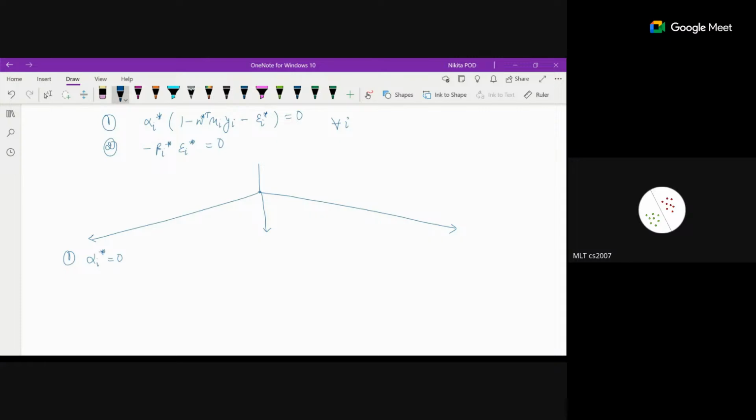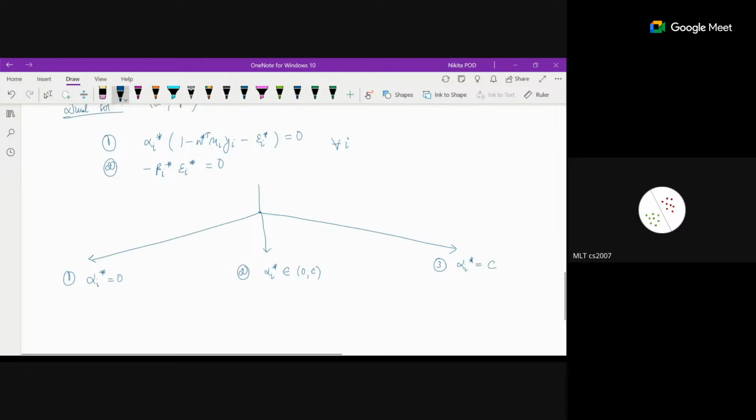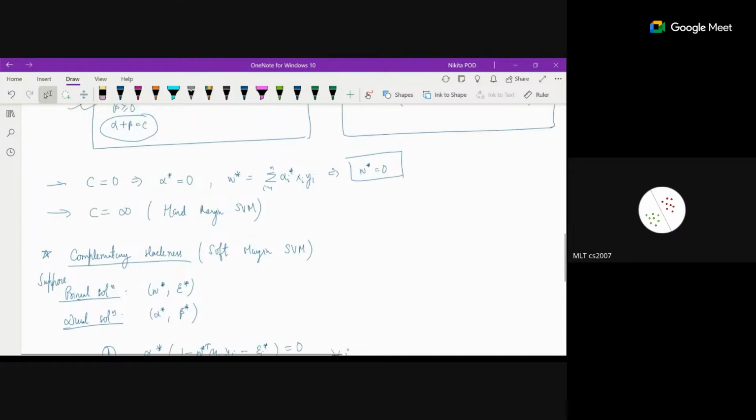The second is what will happen if my alpha I star lies between 0 and C. And the third is what would happen if my alpha I star is equal to C.